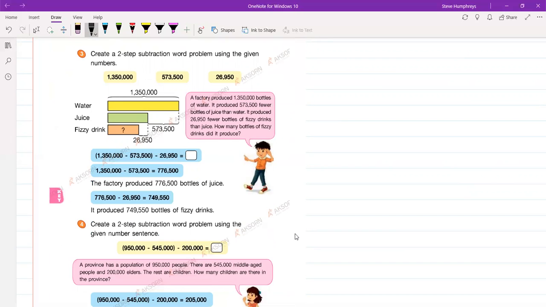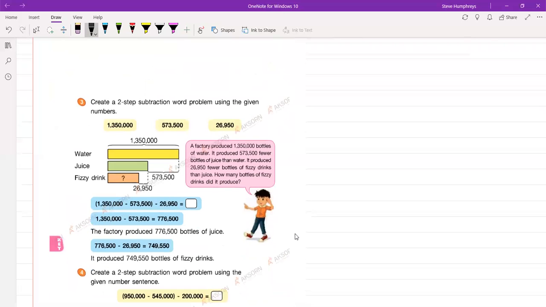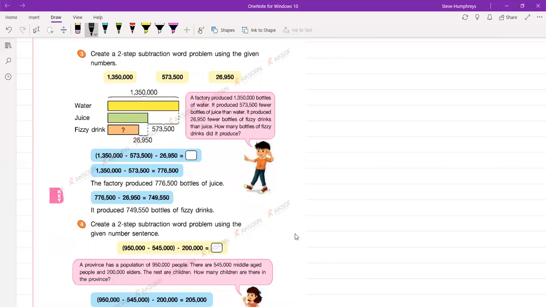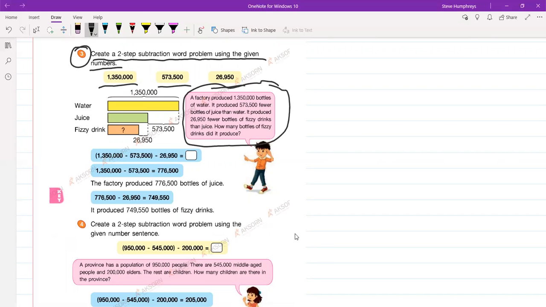Two more examples. This one. Number 3, create. This is how you might get it in an exam. They give you 3 numbers, okay? Create a 2-step subtraction word problem using the given numbers. And here's the word problem they've created. A factory produced 1,350,000 bottles of water.